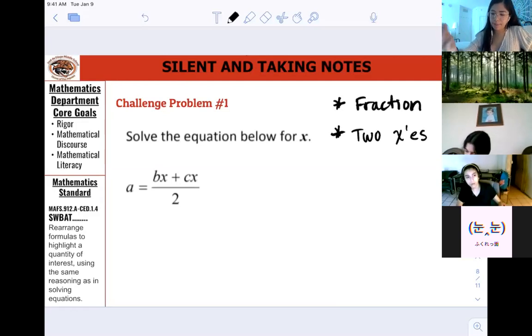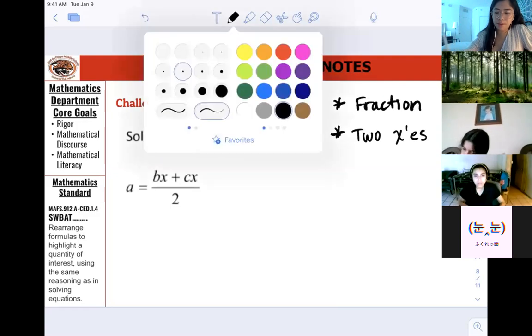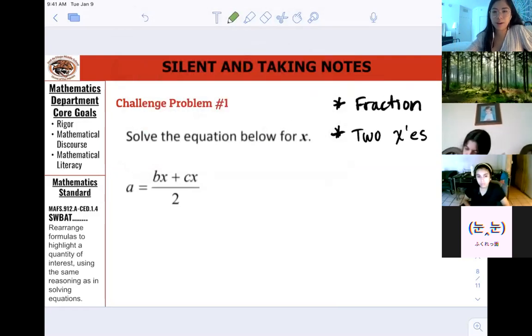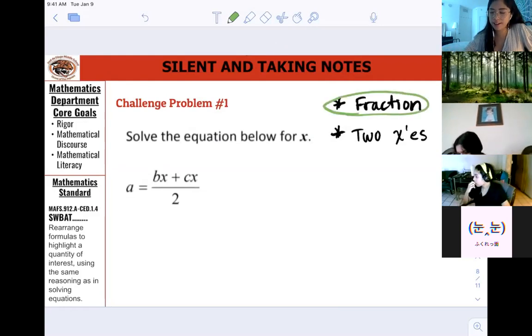All right, so just like most of the problems we ever do, which of these two issues should I probably solve first? This is not a trick question. This is just like any other problem. What do we always deal with first? The fraction. Remember, fractions are your worst friend. We want them out of the way.